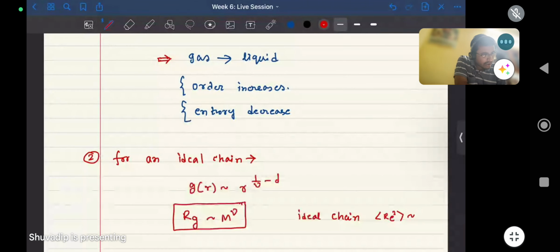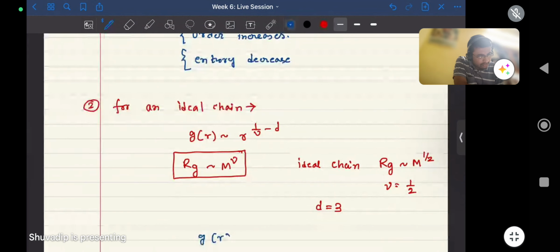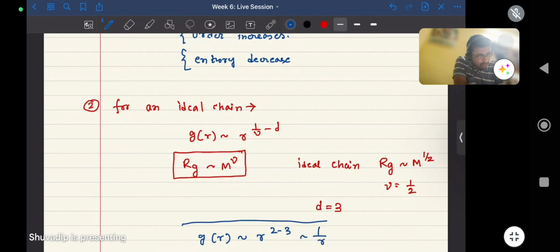So for an ideal chain, Rg is m to the power half, so nu is half, and we are talking about 3 dimensions, so d is 3. So G of R goes like R to the power 2 minus 3, that is 1 by R. So you have to remember this formula only, and using this formula you can easily get the dependence.